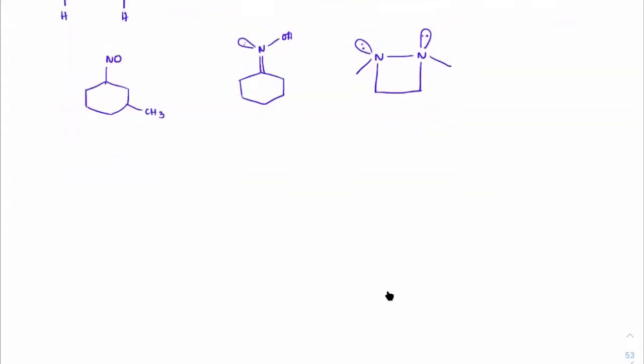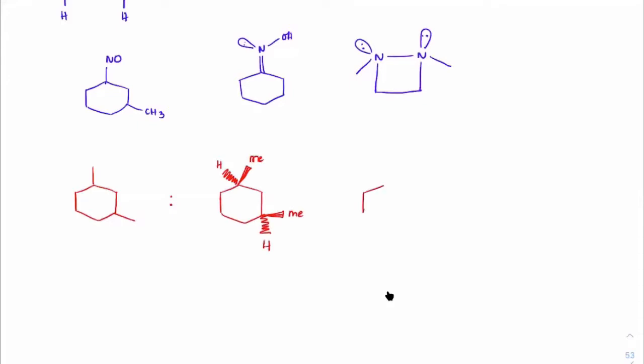Okay. Those who are not able to get that, check out this one. See, if I gave you this way, what does this mean? In 3 dimension, if you observe, basically I have a methyl group and hydrogen. And here also I have a methyl group and hydrogen.